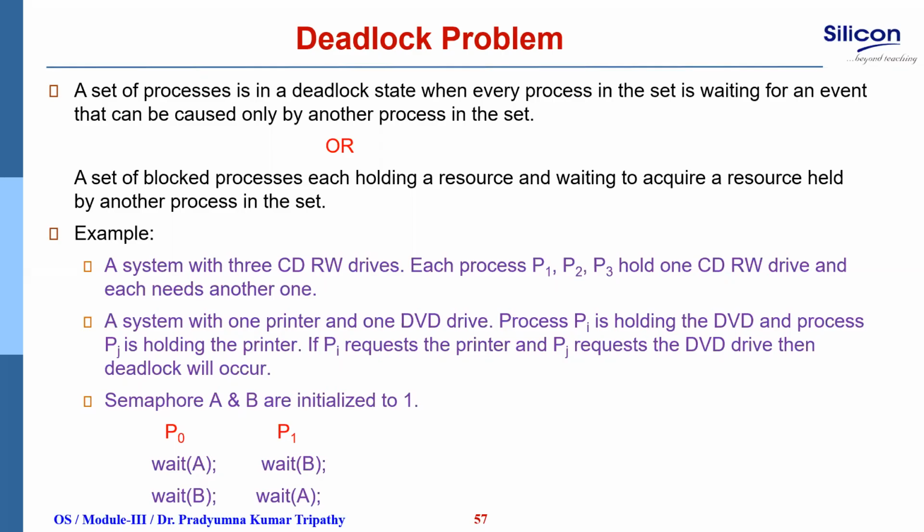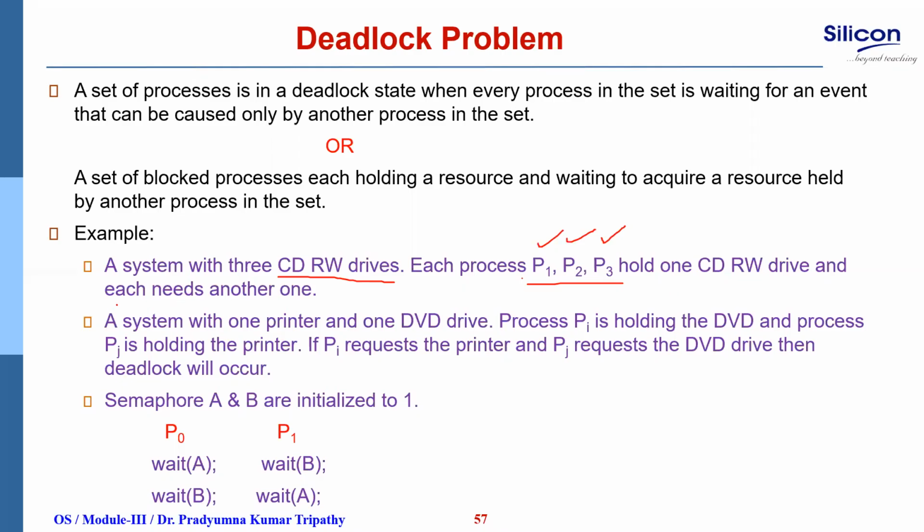So let us take an example, a system with 3 CD read-write drives. Each process P1, P2, P3 holds 1 CD read-write drive and each needs another one. So there are 3 CD drives, and 3 processes have been allocated the 3 CD drives: one for P1, another for P2, another for P3.